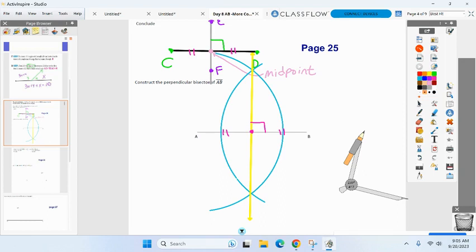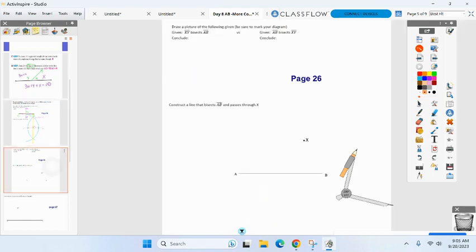All right, any issues here? Now I'm going to challenge you a little bit. Segment XY bisects segment AB. I want you to draw a diagram that shows me that. Which one of the two is getting cut in half?